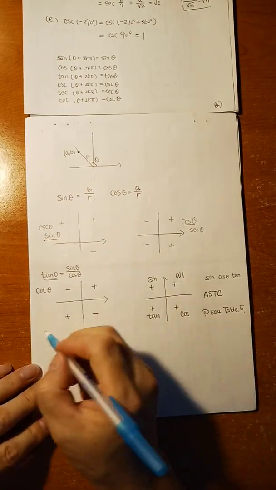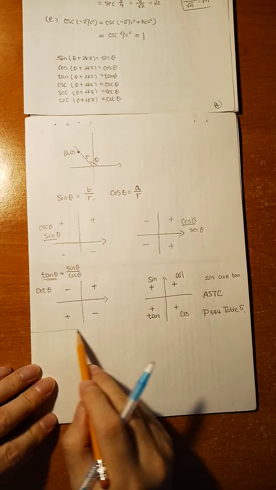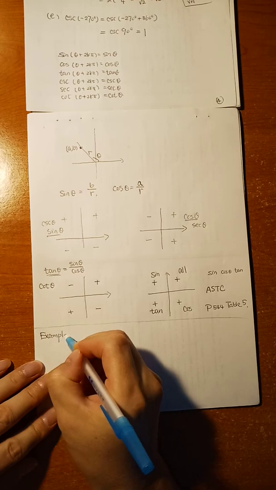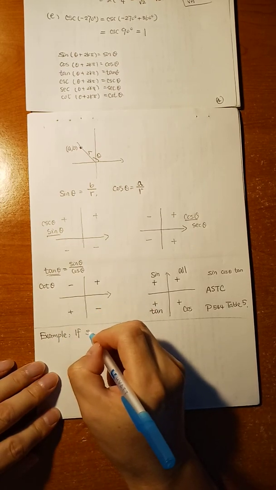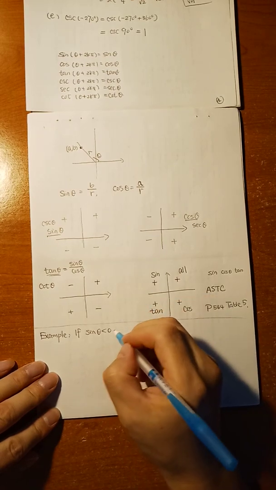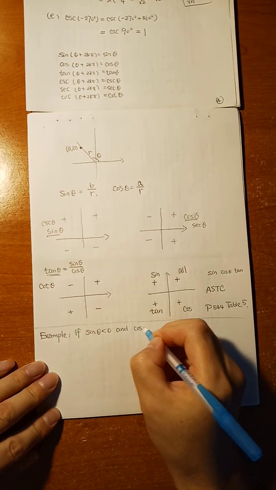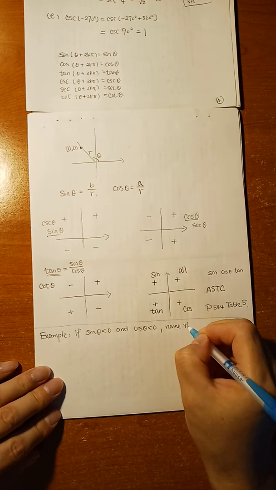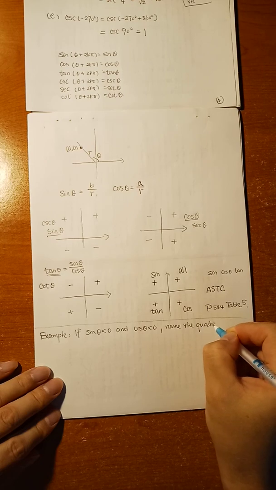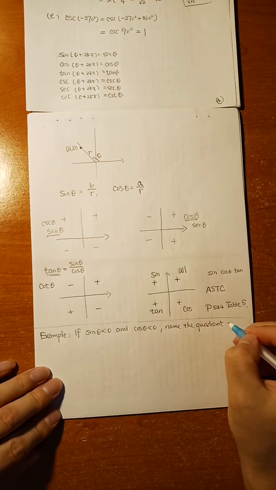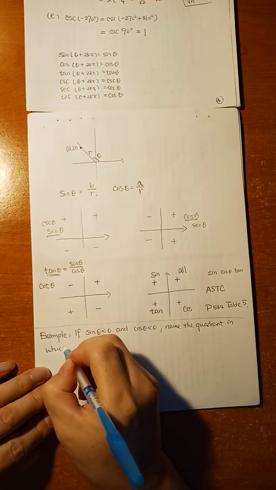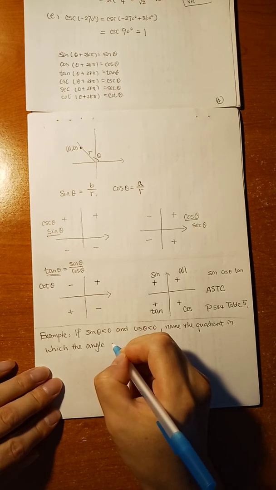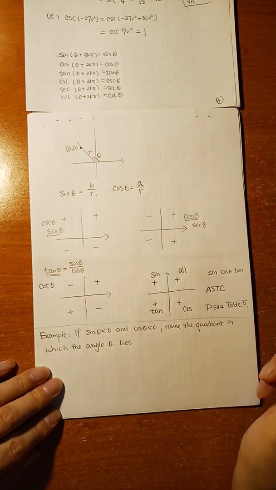Okay, let's see the example. If sine theta is negative and cosine theta is negative, name the quadrant in which the angle theta lies.